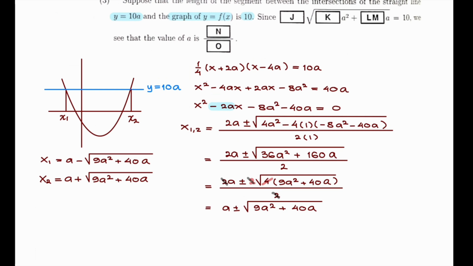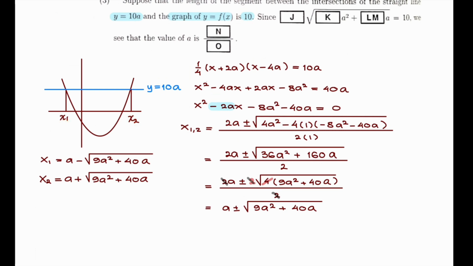Since the distance between x1 and x2 is equal to 10, that means x2 minus x1 must be equal to 10. You can imagine, let's say x2 is 8 and x1 is negative 2. So 8 minus negative 2 is equal to 10.